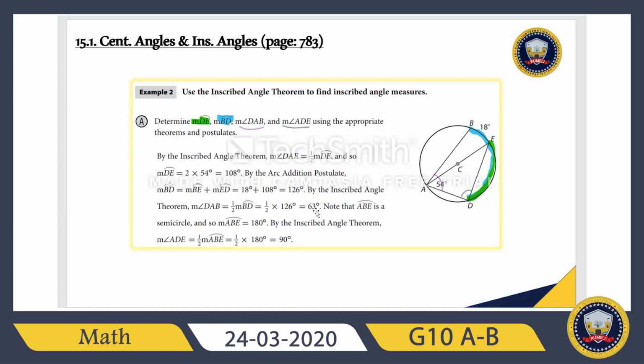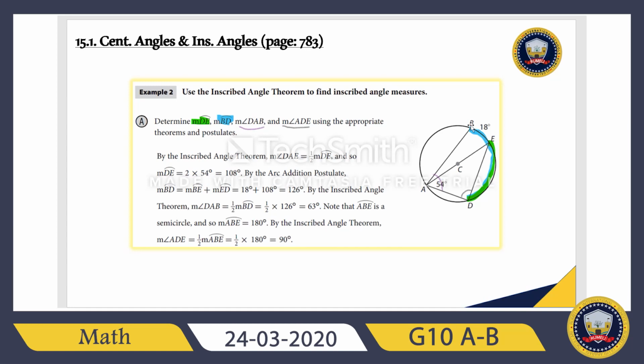Let's go to the last angle, which is ADE. What is the measure of this arc AE? We can say it is 180 degrees. Why? Because the central angle ECA is a straight angle that is equal to 180 degrees.